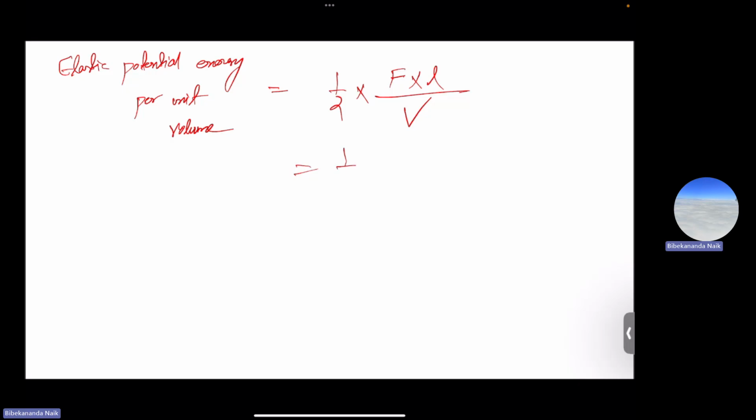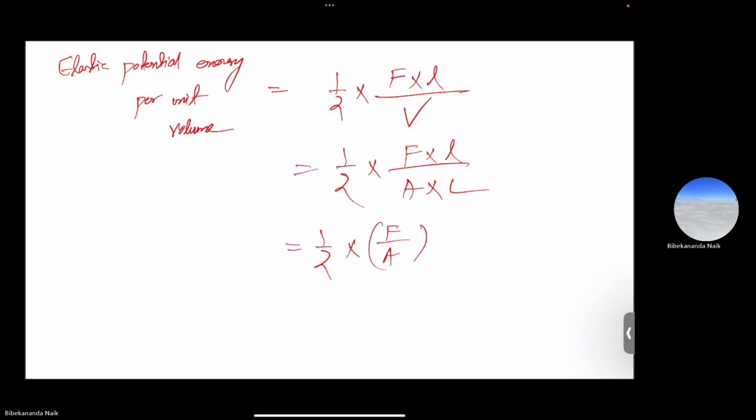Elastic potential energy per unit volume will be half into F into l by V. So that V can be written as A into L. So it will be half into F by A into small l by capital L.